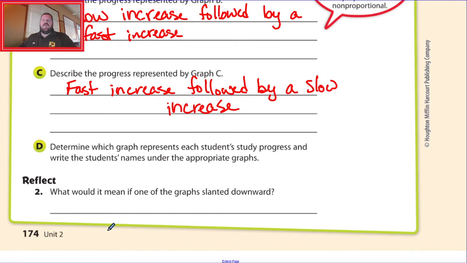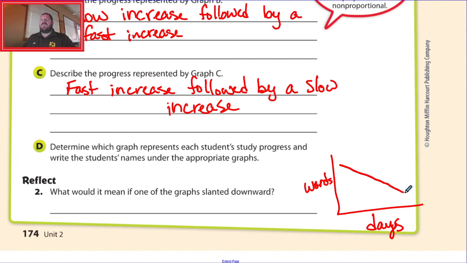What would it mean if one of these graphs were slanted downwards? What would that mean in this scenario? So we have words and days. And what if the graph was slanted downwards, really at any point?